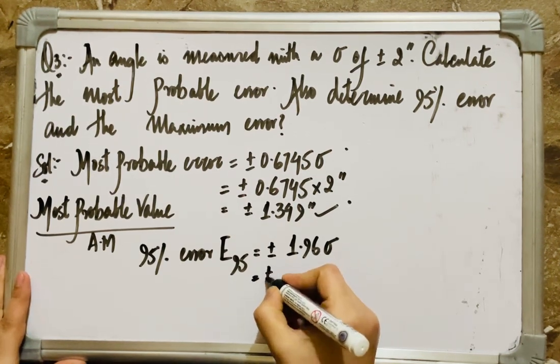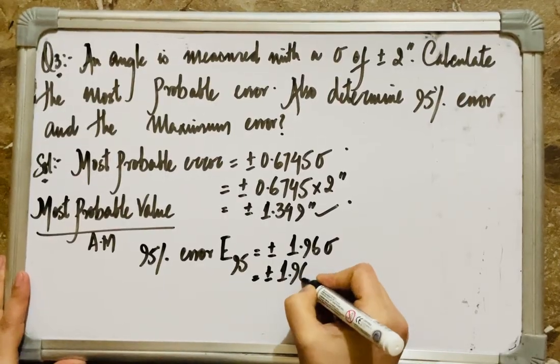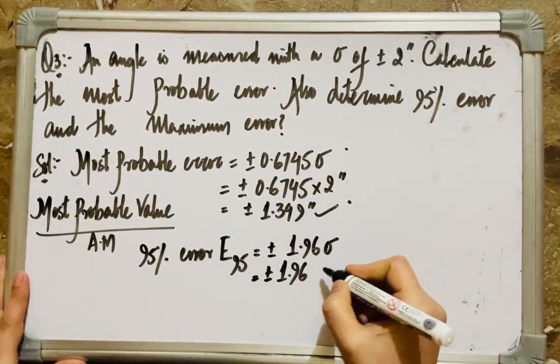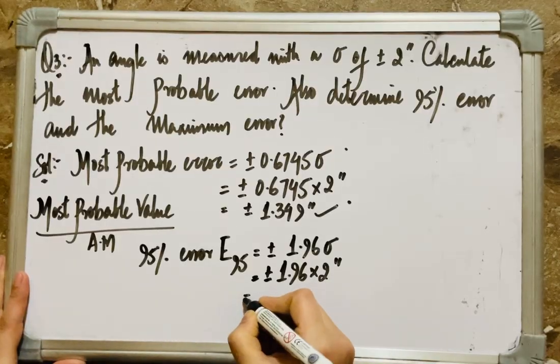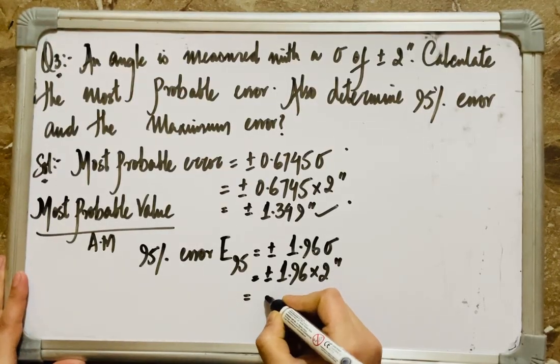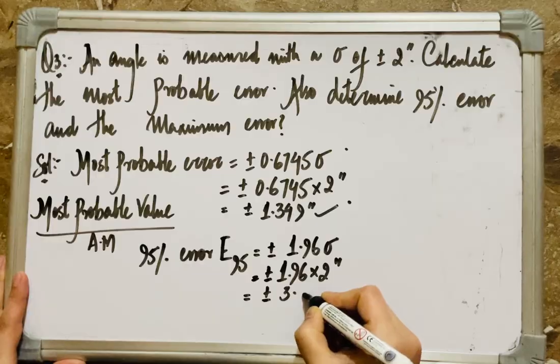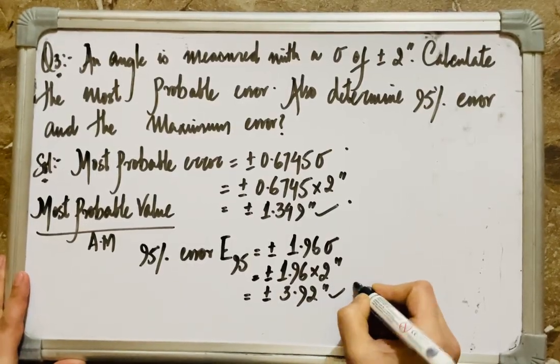So let's calculate this. It is plus minus 1.96 times our standard deviation, which is 2 seconds. So our 95% error, or E95, is plus minus 3.92 seconds.